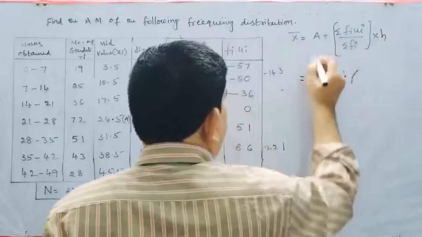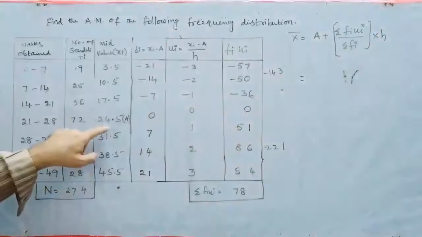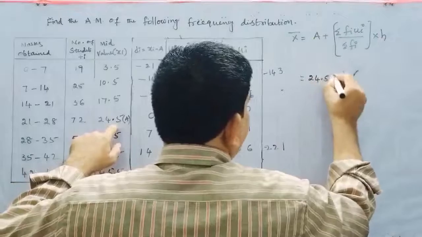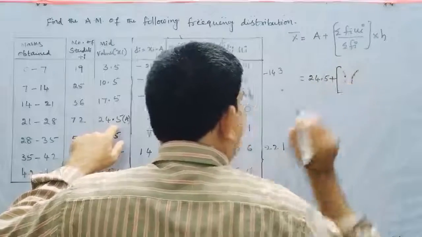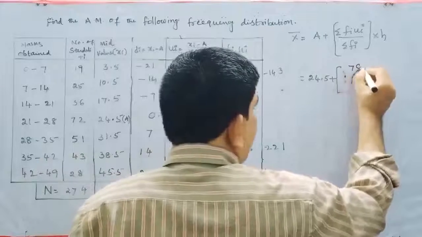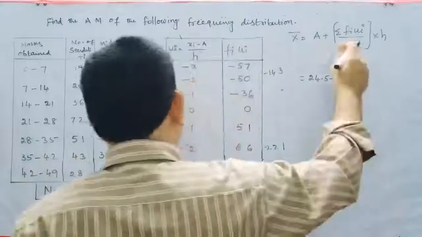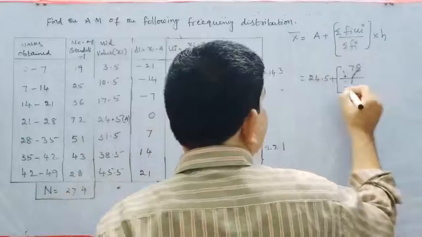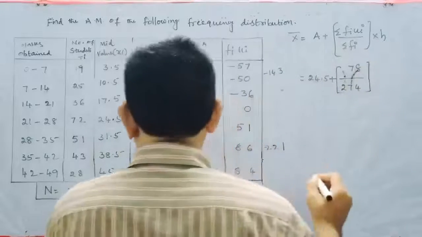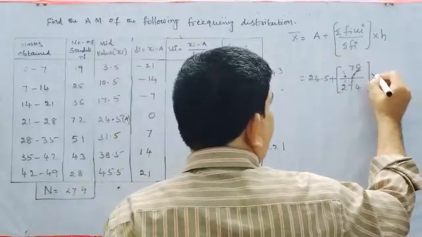A, the assumed mean, is 24.5. So 24.5 plus sigma fiui 78 by sigma fi 274, into h, the height of the class, 7.